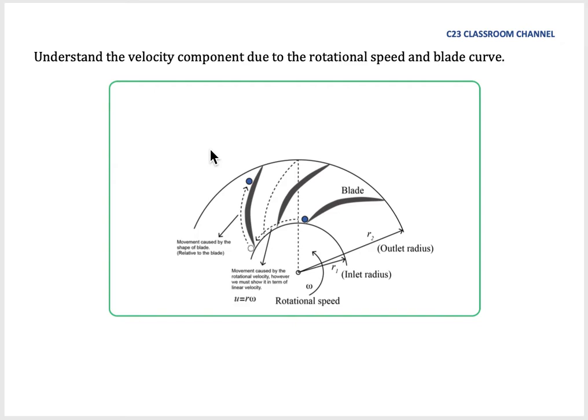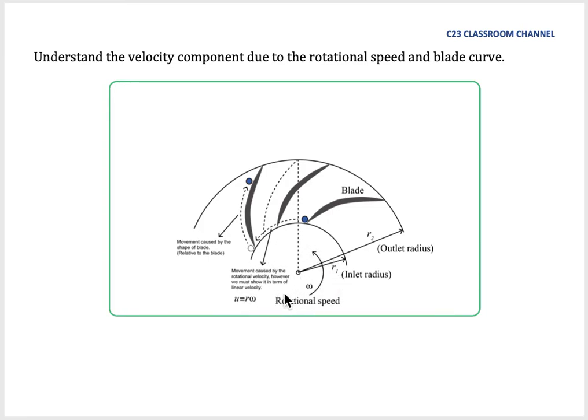Then we need to draw two types of component velocity. One is the component velocity due to the rotational speed and blade curve. What does it mean? For example, we have one molecule that just enters at the inlet of the blade. However, at the same time, the blade is moving counterclockwise because it rotates on its own shaft.